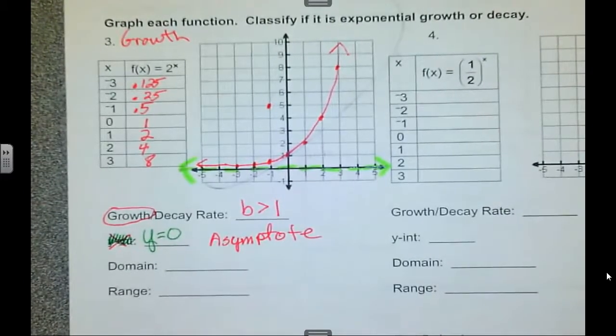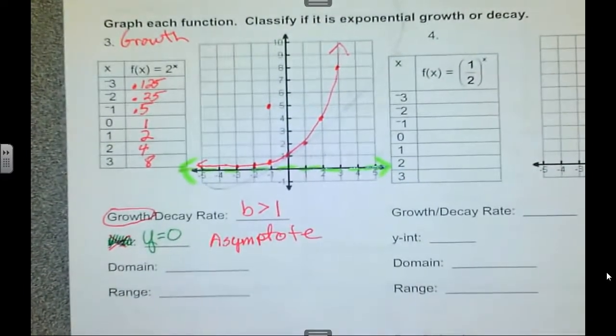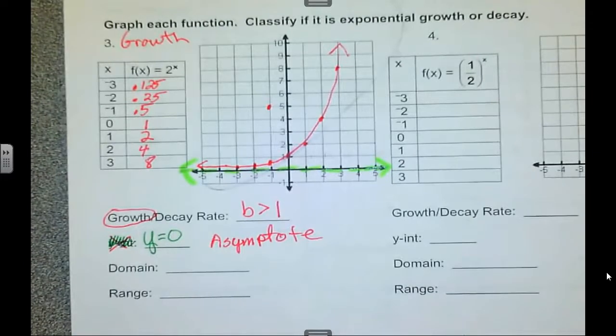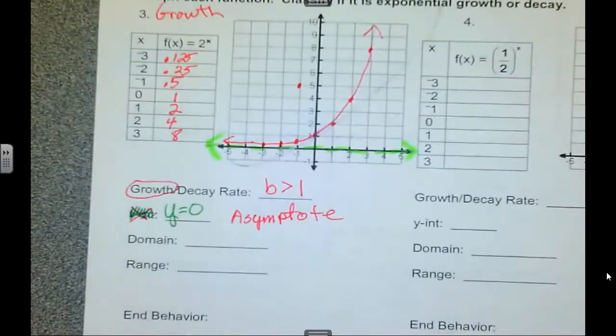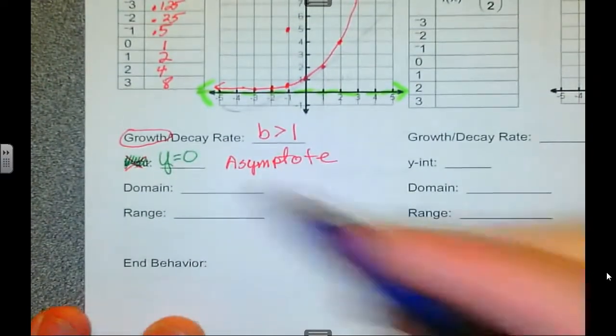All right, domain. What's my domain? X values of this graph. Well, would it help to do the end behavior first?